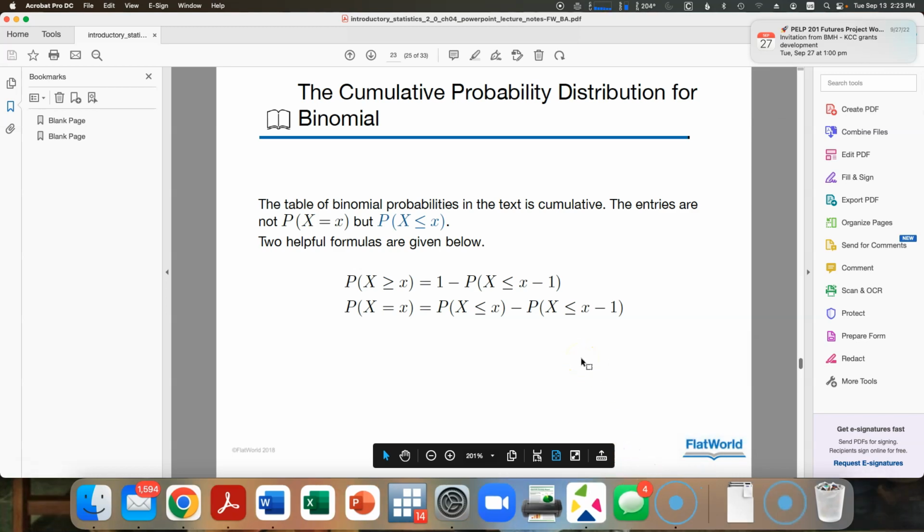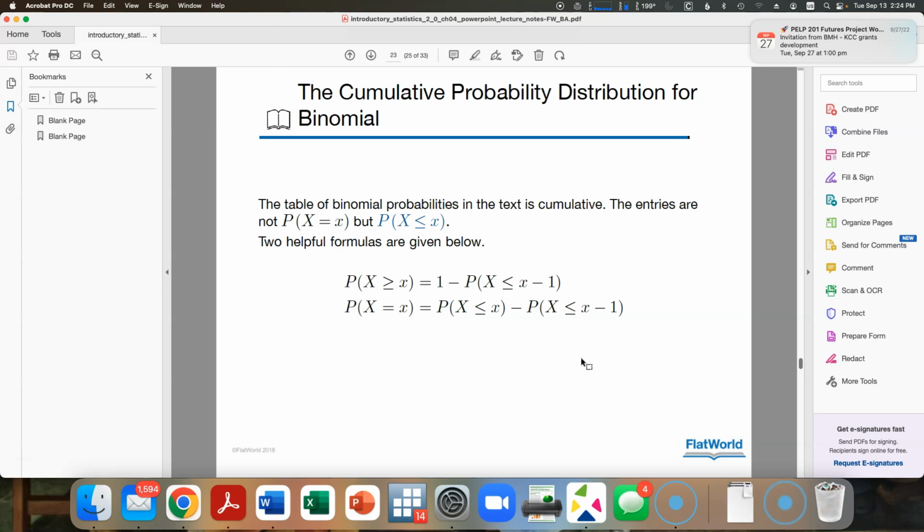If you look in the textbook, I'm looking on page 124 if you're looking at the physical book. They're just making a note here for you that the binomial probabilities table is cumulative.